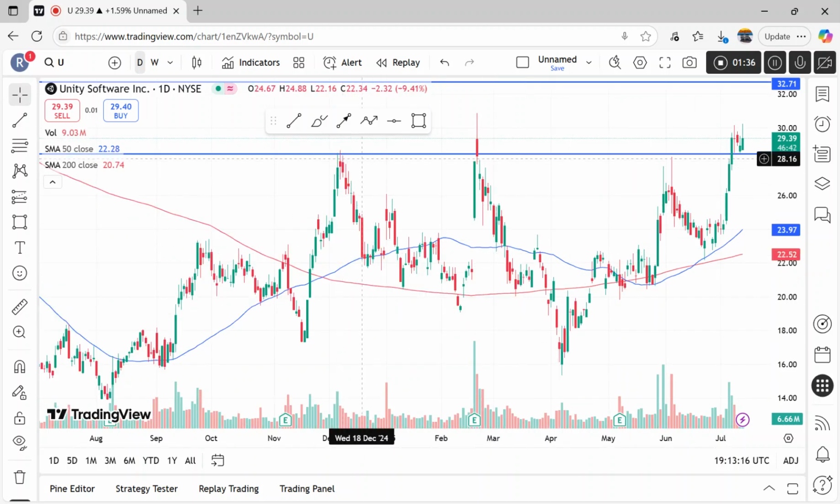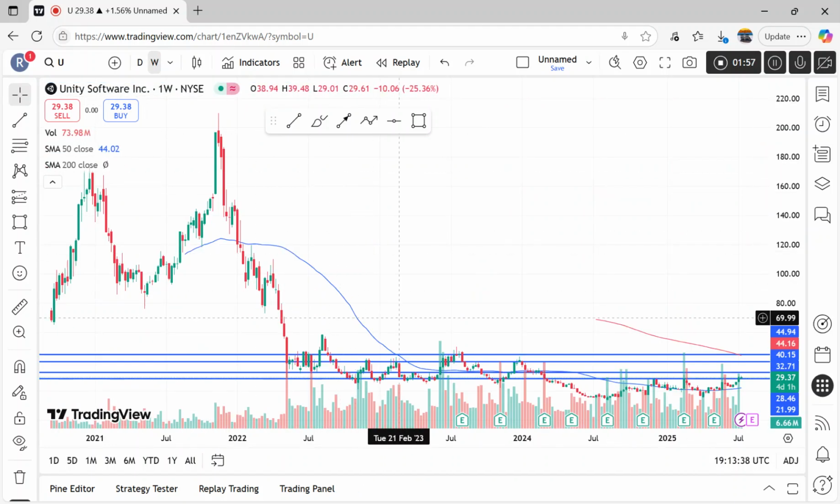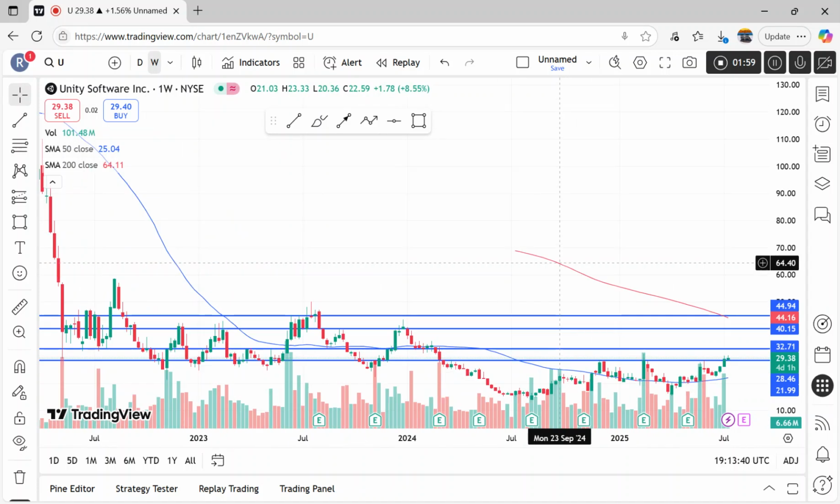We can see that was the resistance area, about 28.50, and then it went past it, and for 3 days it pulled back and seemed to find support at this past resistance area.